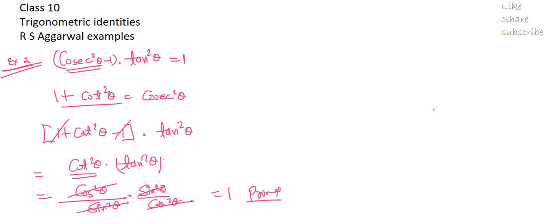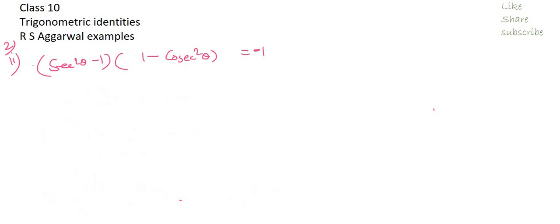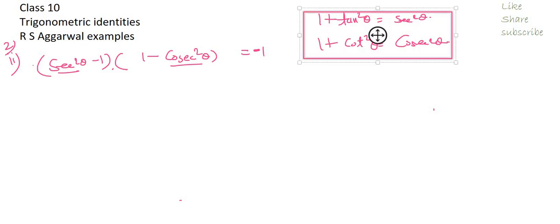Okay, let's do the second part of it. This is the second part of the second question. Whenever you see sec square or cosec square, try to see if we can use 1 plus tan square is sec square and 1 plus cot square is cosec square. Try to see if we can use any of them.